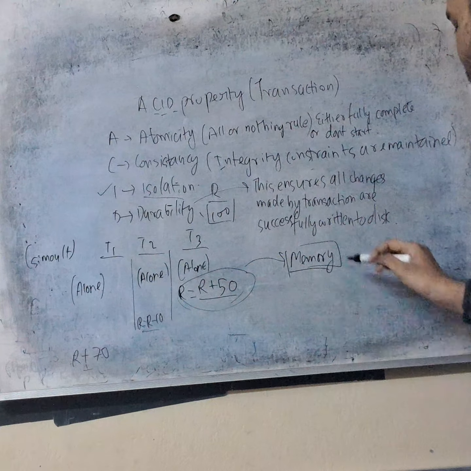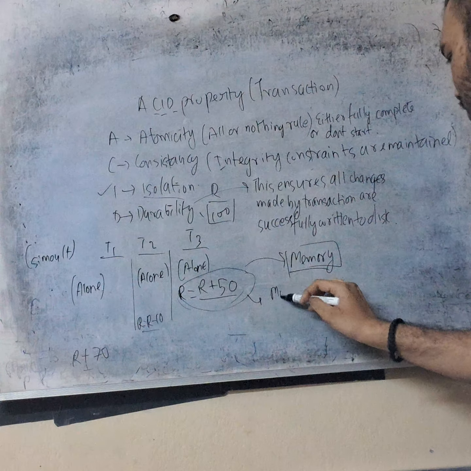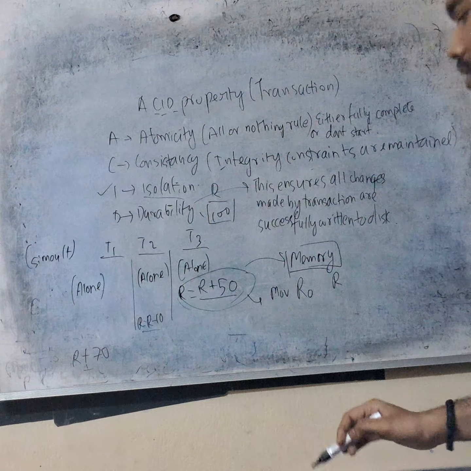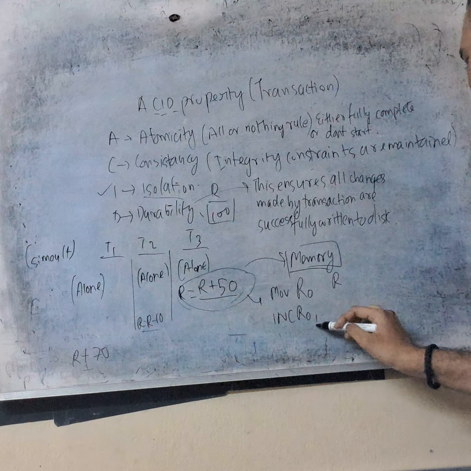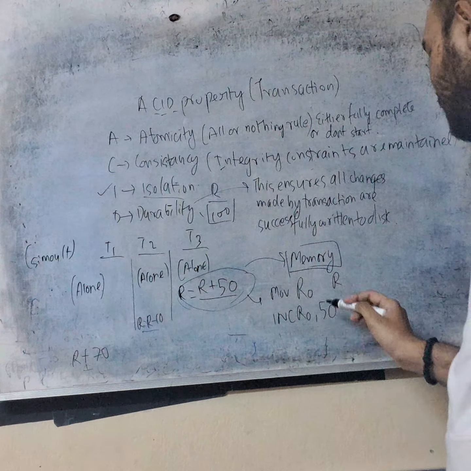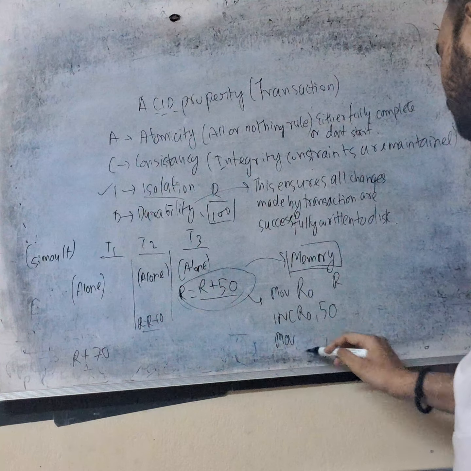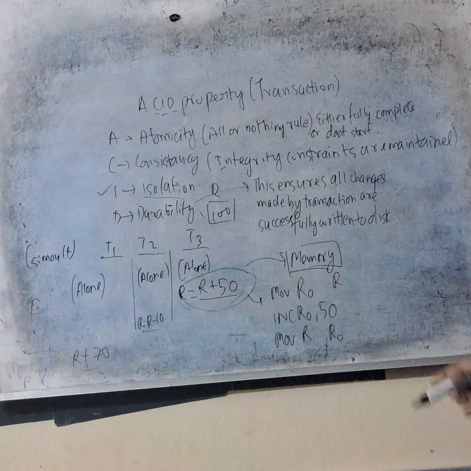If I write it in assembly code, I basically move the value of r into a register named r0. Next, I increment the value of r0 by 50. Then I push the value of r0 back into r with another move.